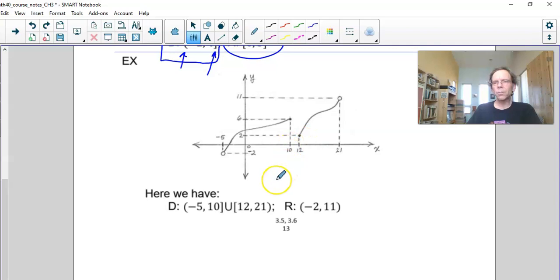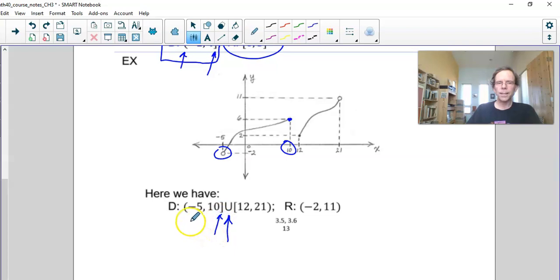Because it's 2 pieces, you might think of the domain as being the domain of each of the pieces glued together with a union, which is what we're going to do. What's the domain for the left piece? Well, open circle at -5, so we're going to start at -5 and go up to 10, not include -5, closed circle at 10, so we're going to include 10.